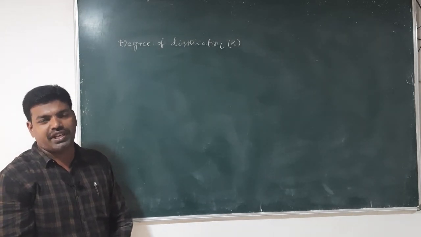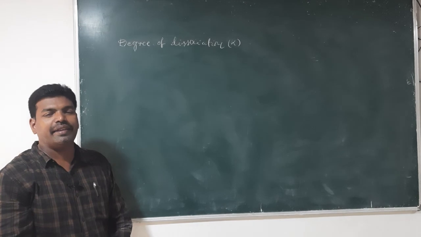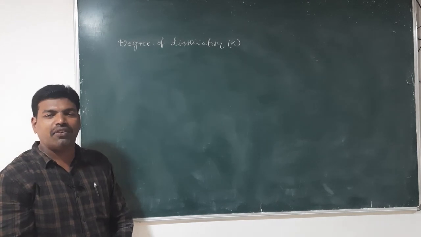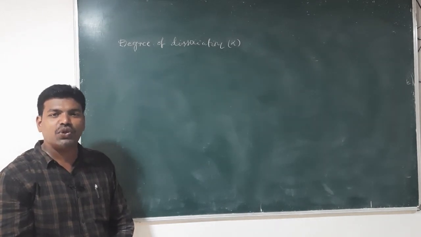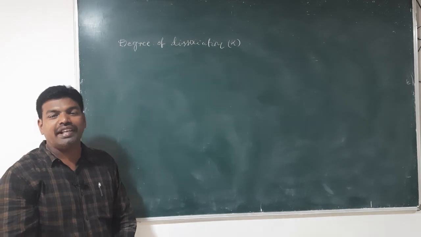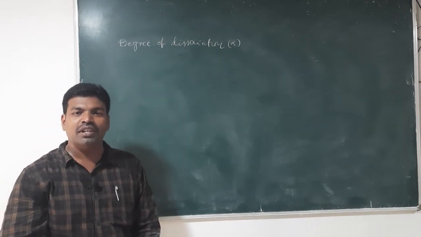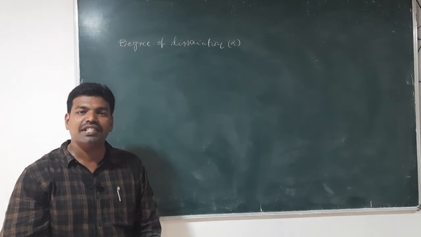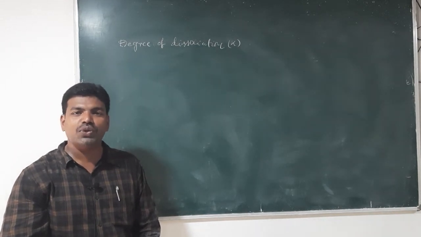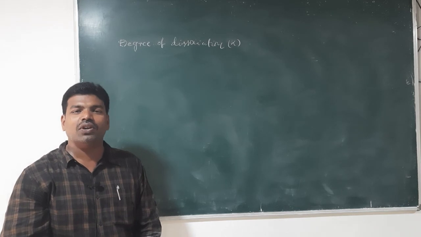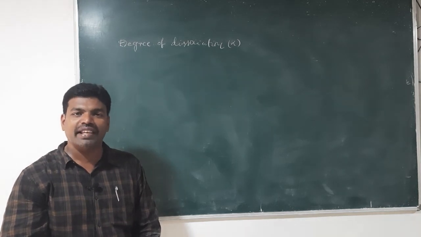Degree of dissociation. I already told you the concept. Degree of dissociation is the ratio of dissociated species to undissociated acid or base or something else.